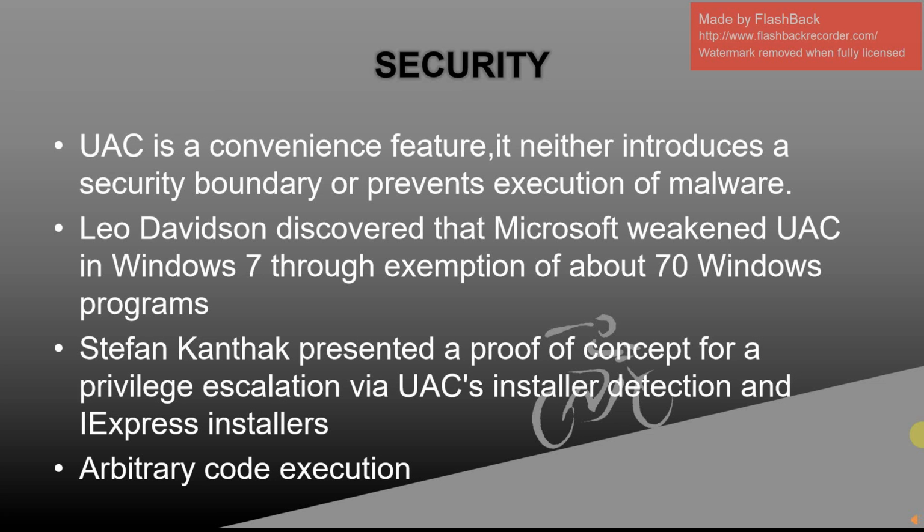Stefan Kanthak presented a proof of concept for privilege escalation via UAC installer detection and IExpress installers. Stefan Kanthak presented another proof of concept for arbitrary code execution as well as privilege escalation via UAC auto-elevation and binary planting.